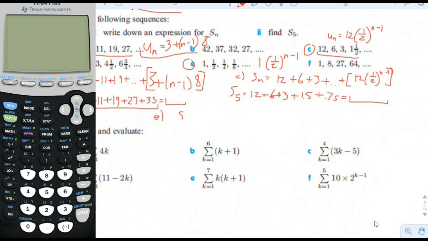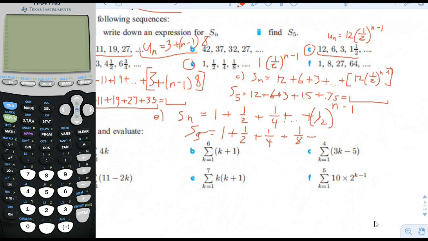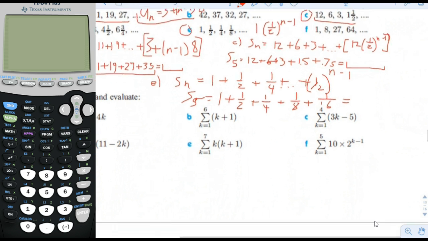So the S sub n would be equal to 1 plus 1/2 plus 1/4 dot dot dot plus 1/2 to the n minus 1, and S sub 5 would be equal to these numbers here plus 1/16, right? So you could add that on your calculator.